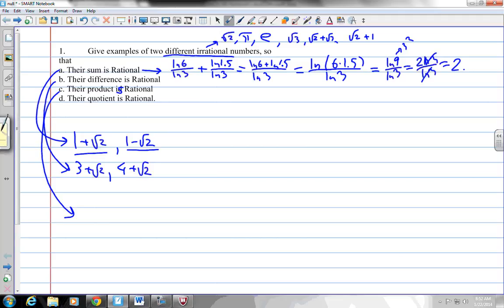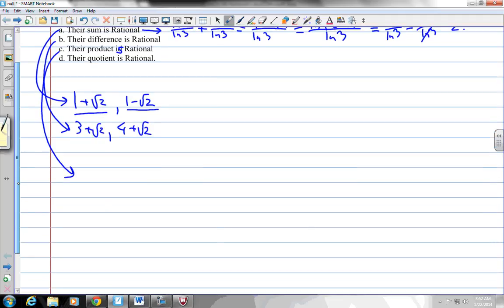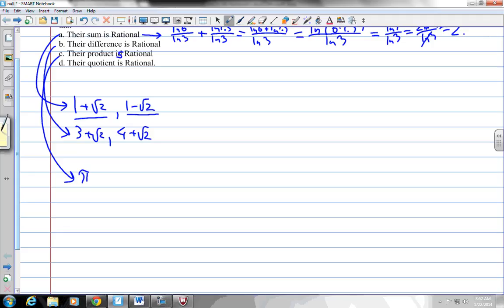So I chose some reciprocals, but pi times 1/5. So you considered pi as one irrational number and 1 over pi is another irrational number. Yeah, that works. Isn't 1 over pi actually expressed as a fraction? Well, it's pi to the negative first power, right?